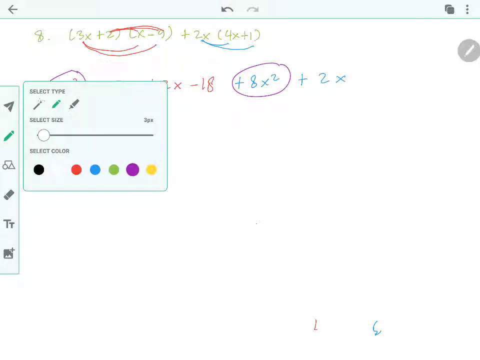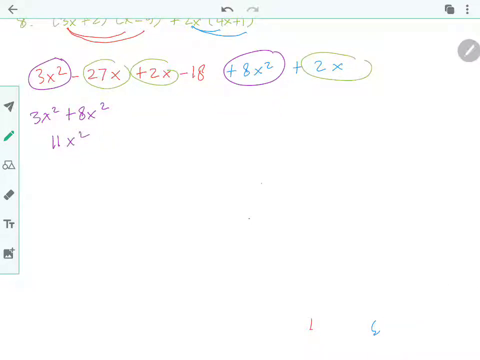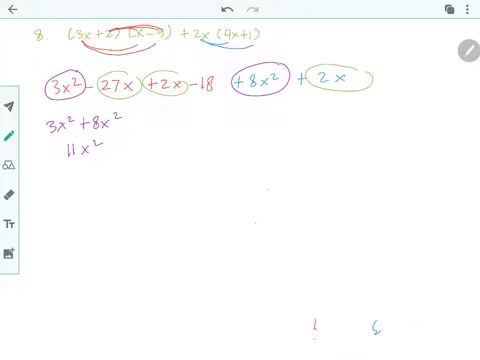Now I also have x terms: negative 27x plus 2x plus 2x. So negative 27 plus 2x is negative 25x. Negative 25x plus 2x is negative 23x.